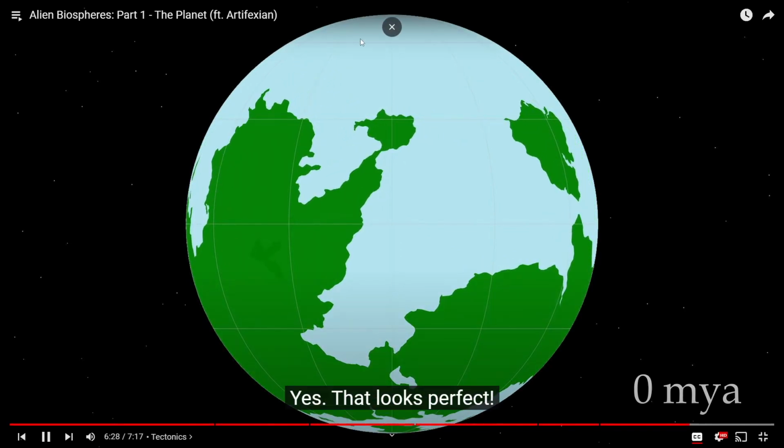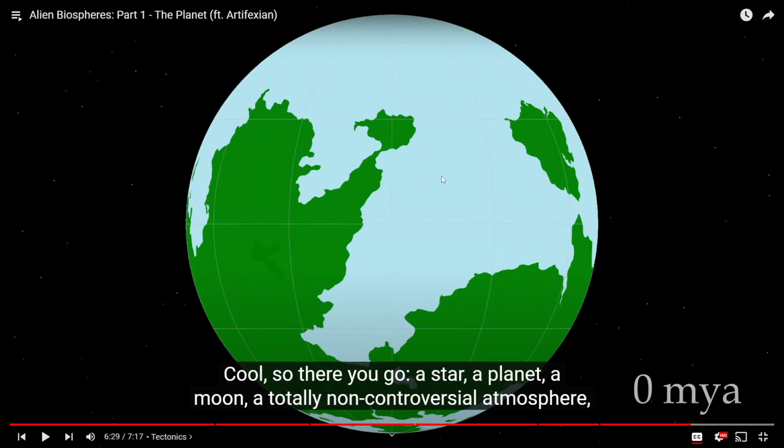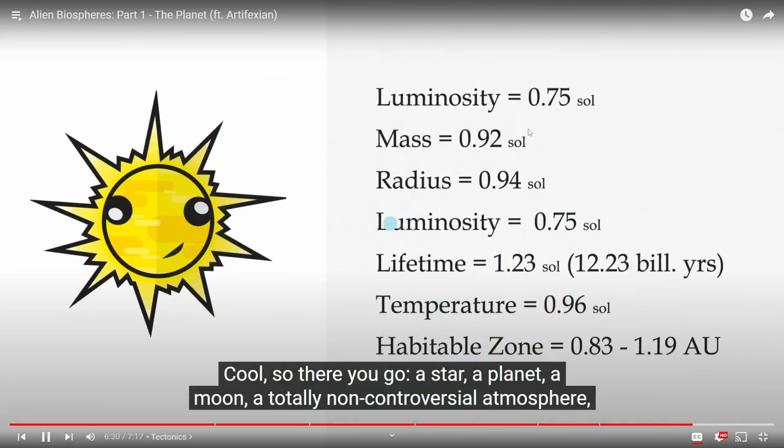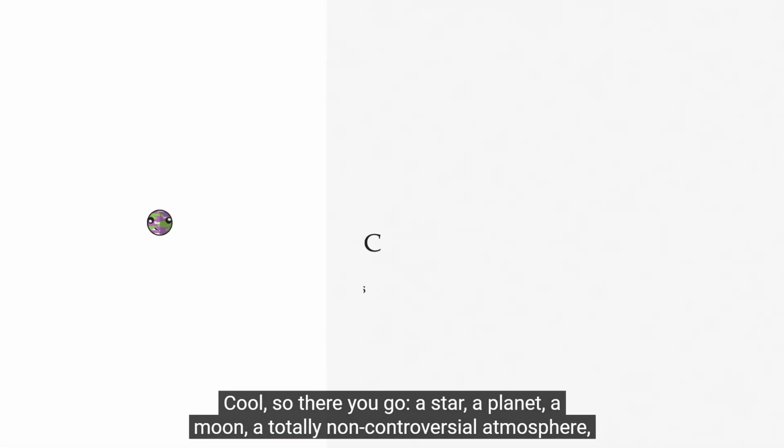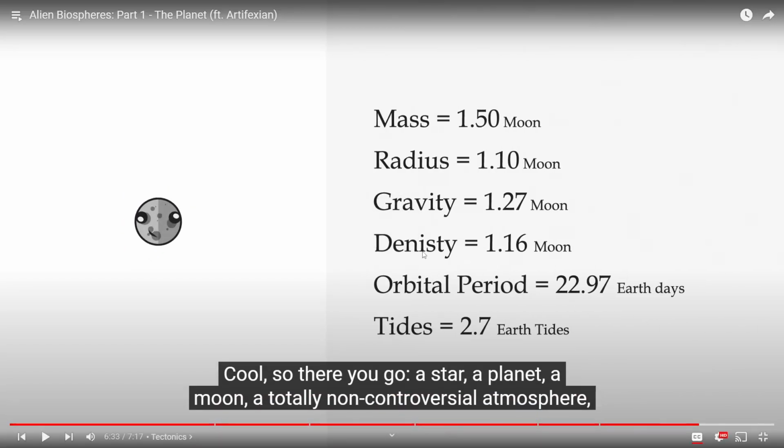Yes, that looks perfect. By the way, yes, I am aware of the fourth wall. So yes, I am fully aware that I'm a human in real life, but I pretend to be a xenomorph. Just don't tell anybody. I'm still a xenomorph to you. Still a xenomorph. But yes, I am fully aware of the fourth wall. So there you go. A star, a planet. There's literally nothing to stop me from breaking the fourth wall. Maybe I even know if there's a fifth wall.